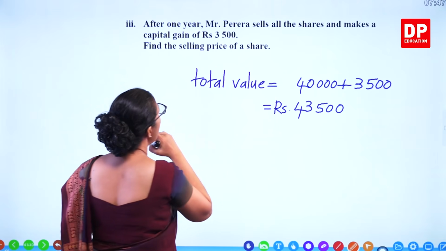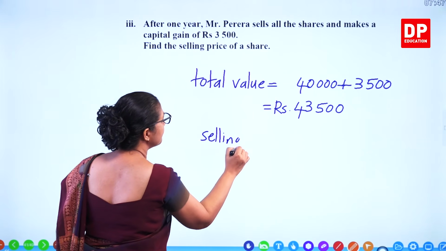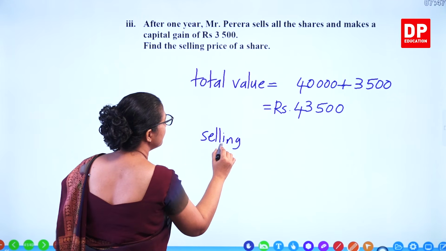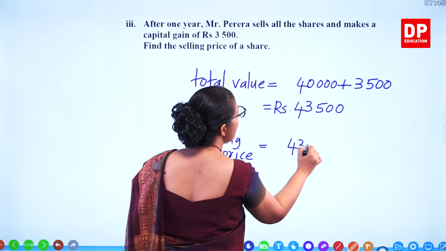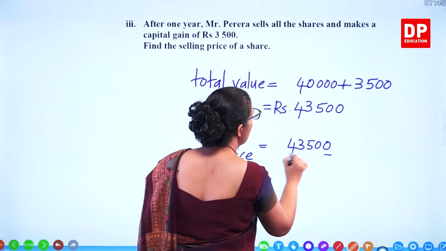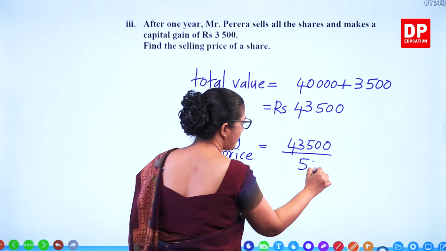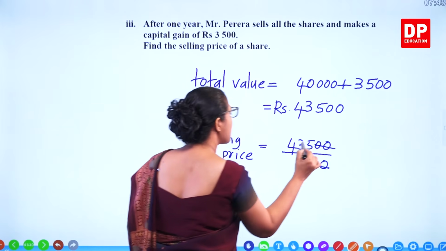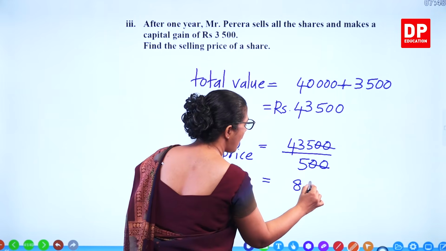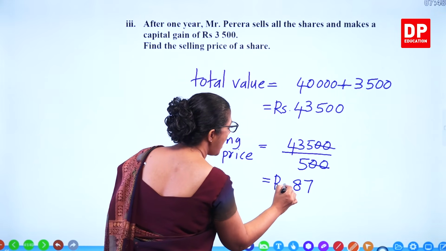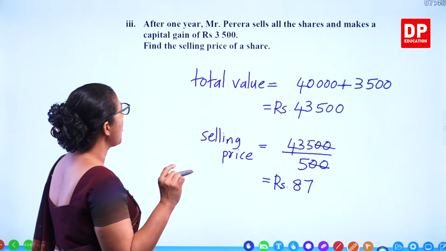And to find out the selling price, you have to divide this by the number of shares. The number of shares you found is 500. 2 zeros get cancelled out. 5 times 8, 40. So 35, that's 7. So 87 rupees is the selling price of a share.